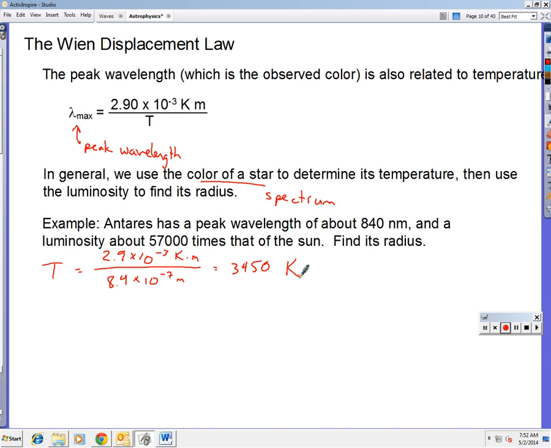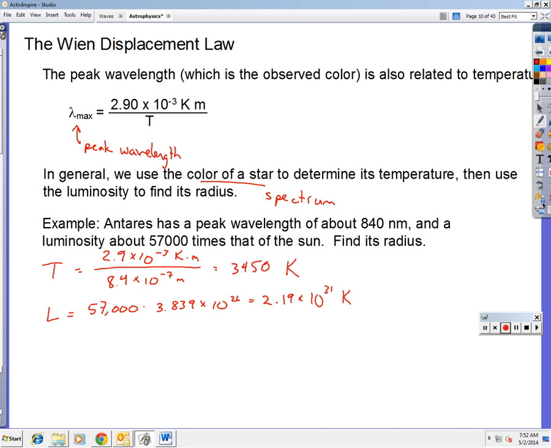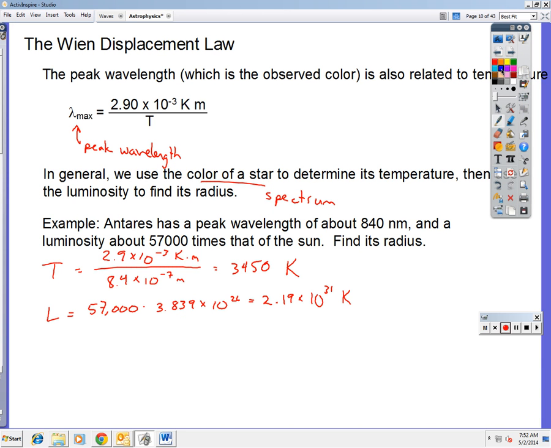Now we know the luminosity. It's 57,000 times that of the Sun, which is equal to 2.19 times 10 to the 31 watts. And we're trying to find the radius. So we're going to use the Stefan-Boltzmann law.